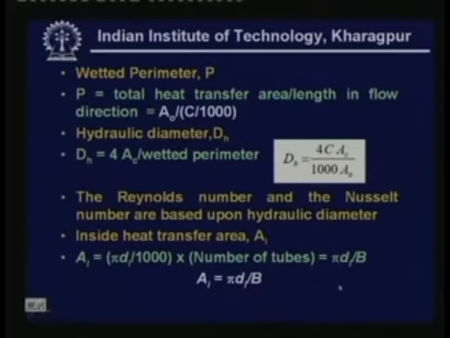So this simply becomes pi d_i divided by capital B. So this is how we can estimate, if you know the center to center spacing between the tubes, fins, fin thickness, etc., per meter square per row, different heat transfer areas, and we can also estimate the hydraulic diameter, which will be used in estimating the heat transfer coefficients.